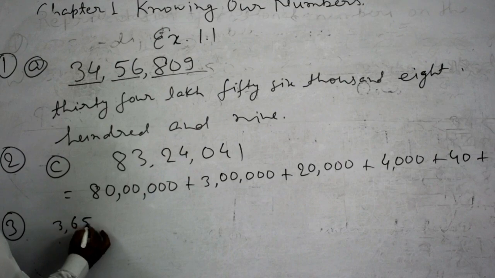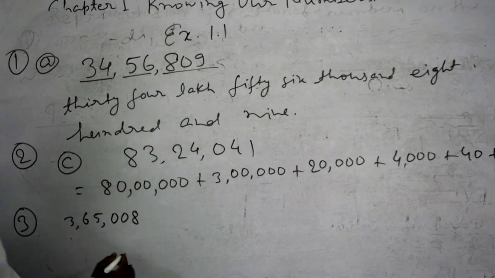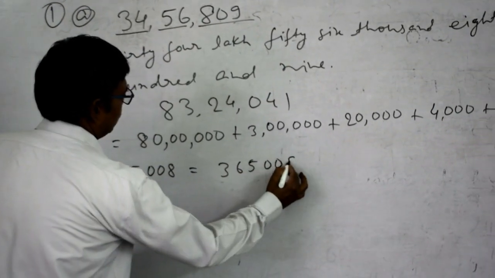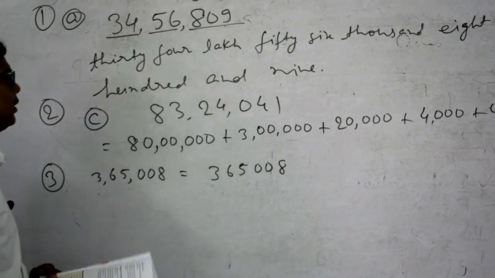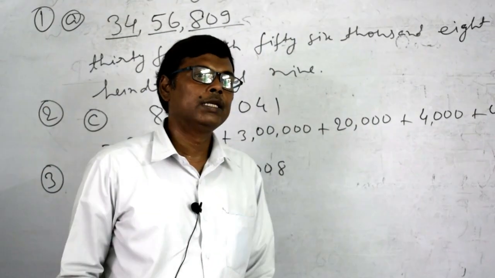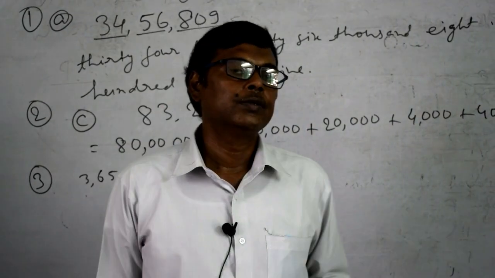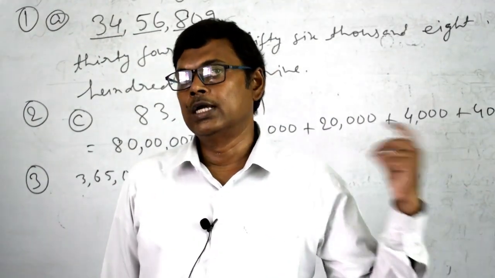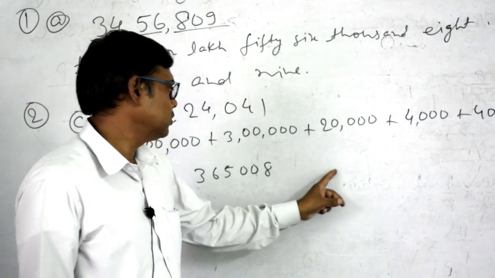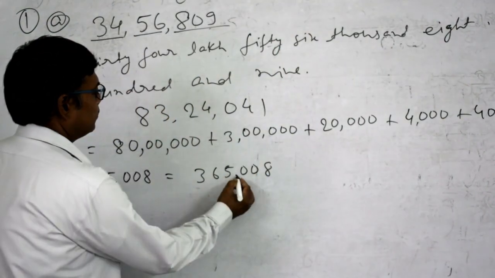First remove the comma, so it will be 365008. In the international system, we always put periods after every 3 digits, moving from right to left: 1 2 3 comma, 1 2 3.